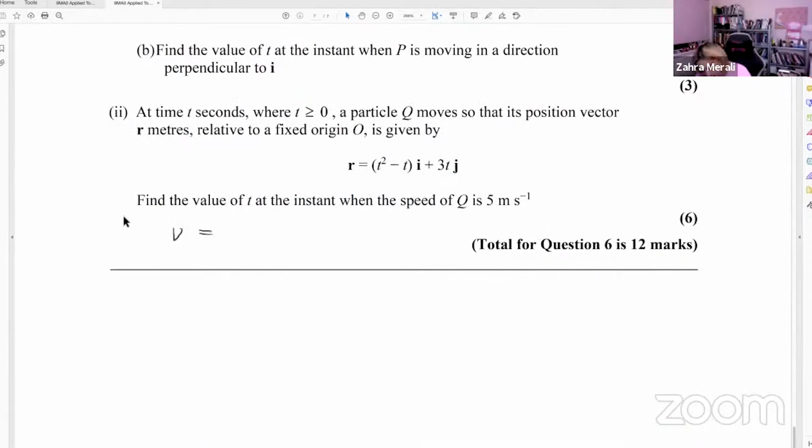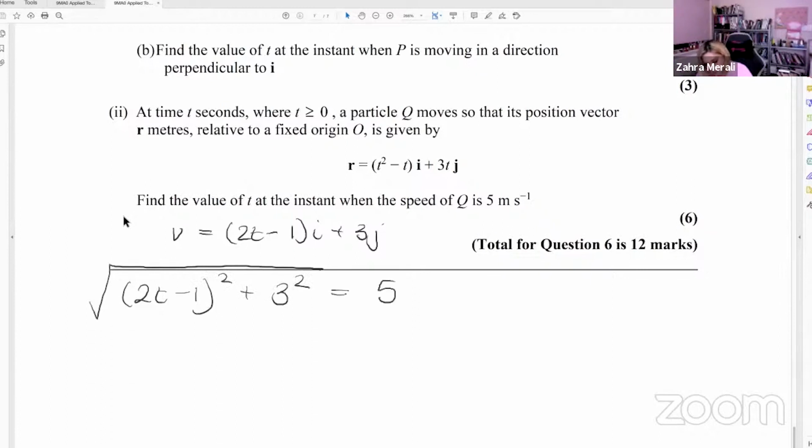All right, so let's differentiate it. We get v equals (2t minus 1)i plus 3j. And we want the speed being 5, which is the magnitude, which means taking your i component and squaring it, your j component squaring it, square root it gives you 5. I'm going to square both sides, 25.